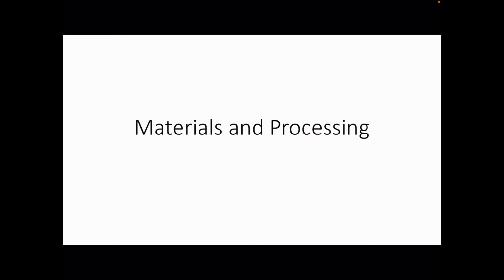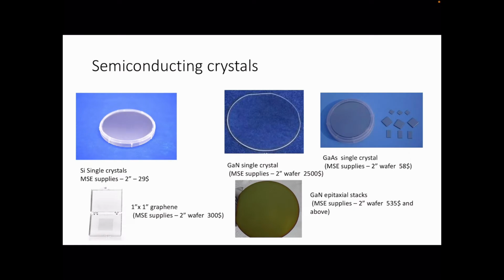And when we talk about 3D bulk materials, 2D layers, thin films, nanowires, and nano dots, there will be something for you to think about. So we will spend some time to talk about materials and processing. That will be the topic of this video.